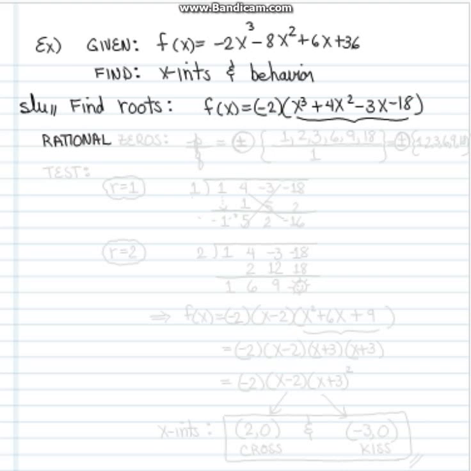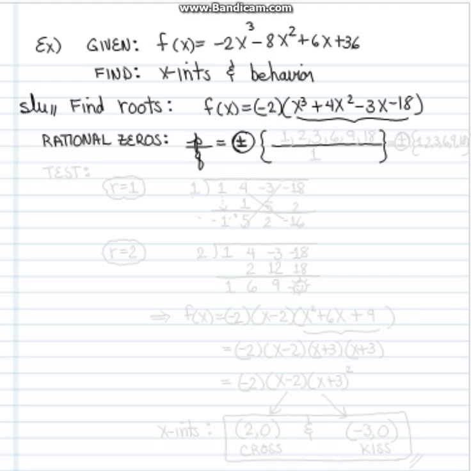Rational zeros. If there are any rational zeros, they will live in this list. P over Q equals plus or minus in the front, and don't forget to do that. That's very important. And then we're going to make a list on the top of factors of the last number in the x cubed plus 4x squared minus 3x minus 18.